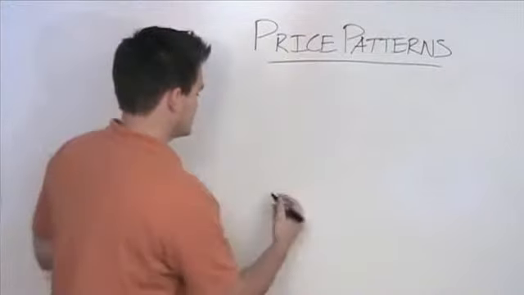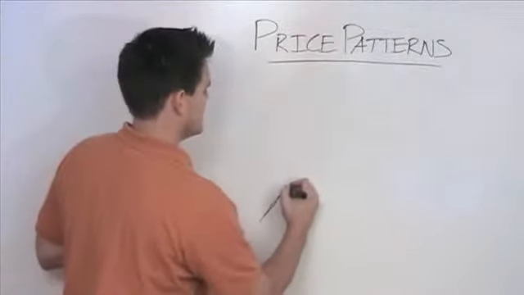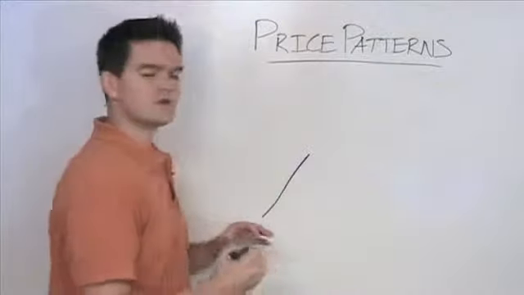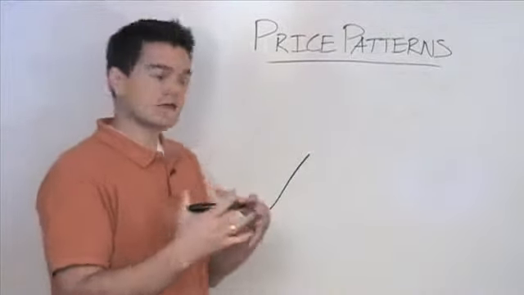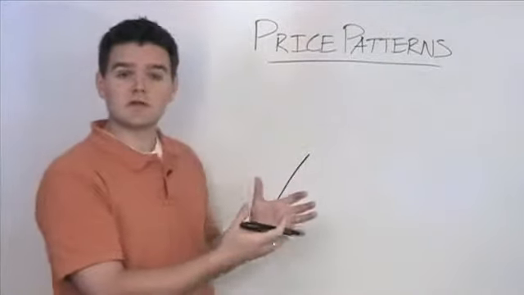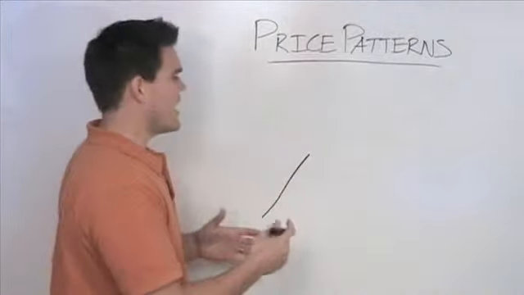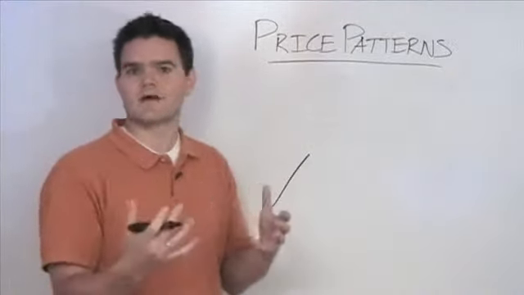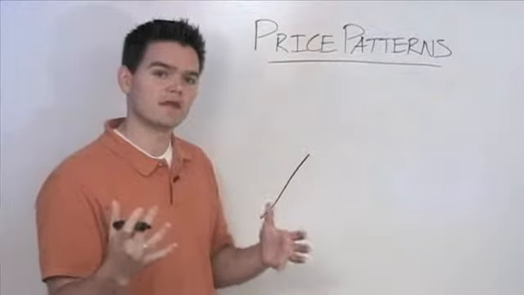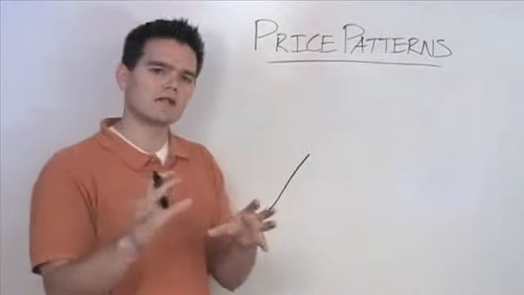Now, for instance, if you see your security trending upward, you know that you probably want to buy that security to make some money on it. But then what happens, every time after a trend, you're going to get a consolidation period.